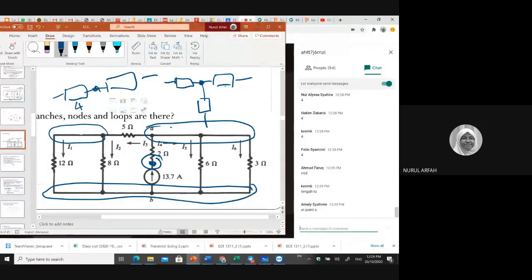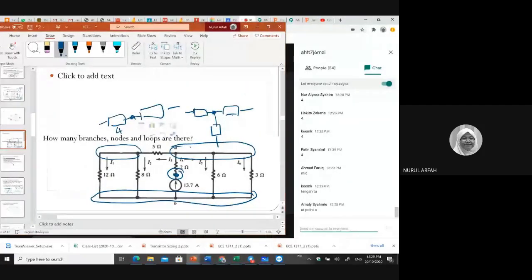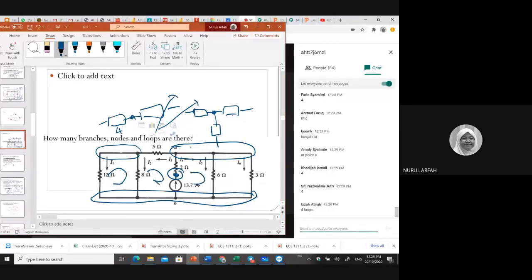And how many loops? If there are loops, it means there are dependent and independent ones. But I usually consider independent loops. So this one should be 4. But what if we count loops both independent and dependent?